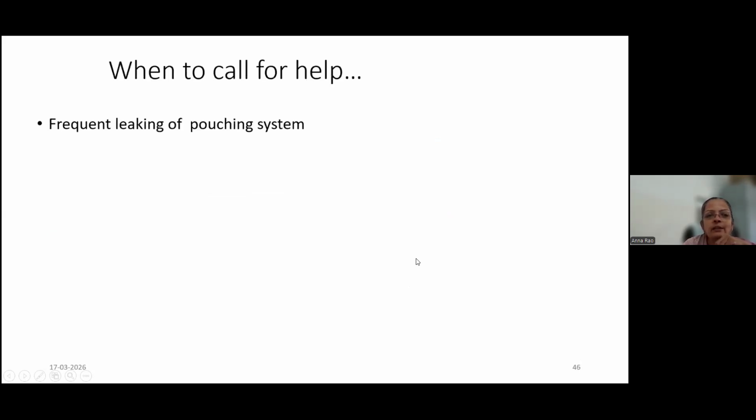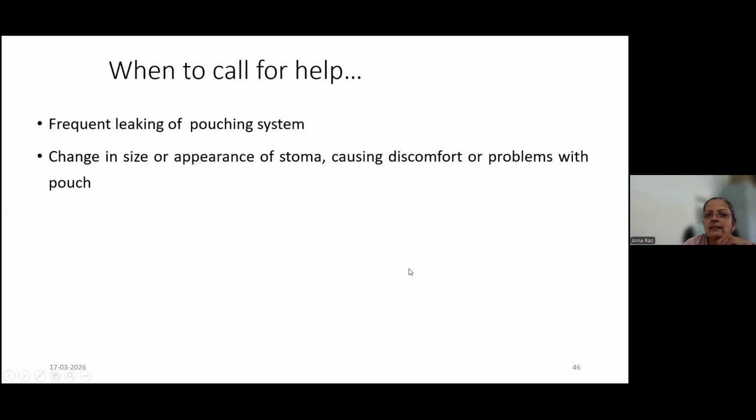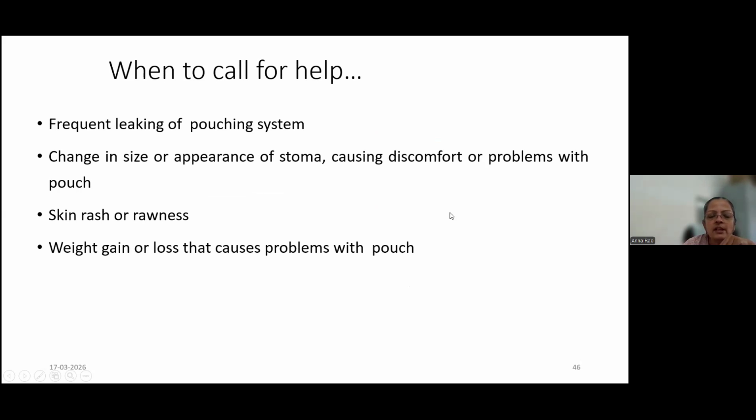When to call for help? When there is frequent leakage from the pouching system, or he is very often having cramps and discomfort, right? Any change in the stomach, herniation or stricture, blackening of the skin, or any more rashes should be immediately noted by the healthcare professionals.